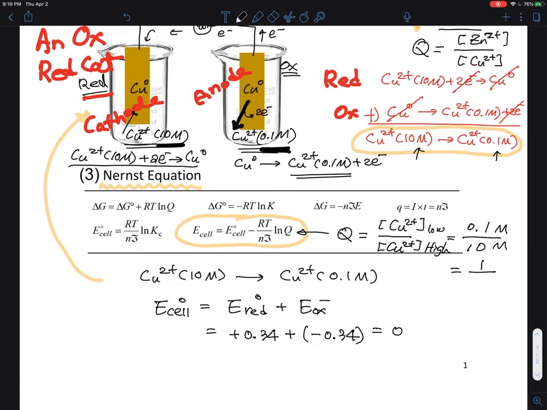So in a way, 1 over 100. Therefore, although there is no standard cell electrode potential being generated because these are chemically identical, because of the concentration differences, you still generate some electrode potential, which is now 0 minus RT over nF ln 1 over 100. Okay, so that's the value.